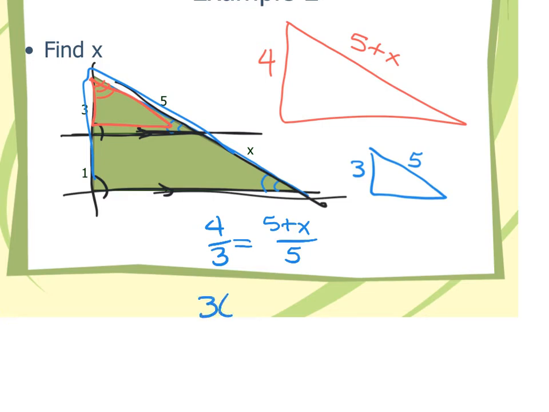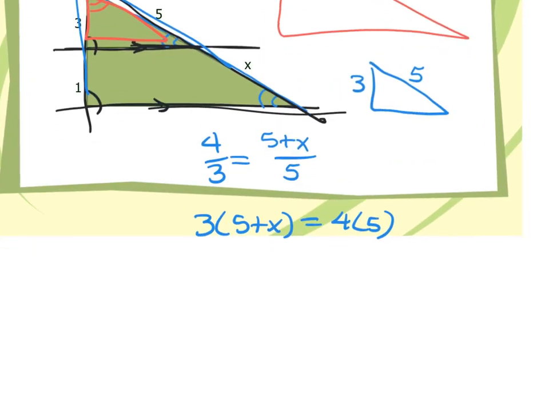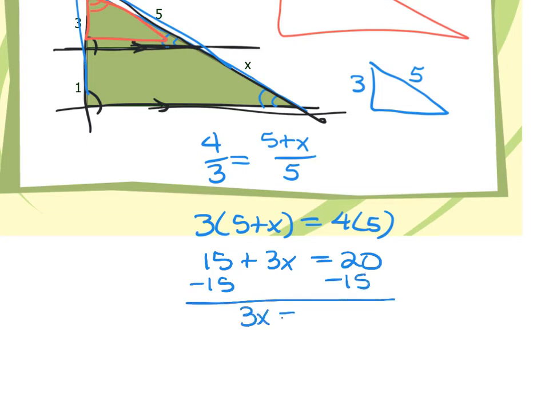So 3 times 5 plus x, and then 4 times 5. Distribute. Move the 15. Divide by 3. And x equals 1 2/3. Don't make it a repeating decimal. Just leave it a mixed number.